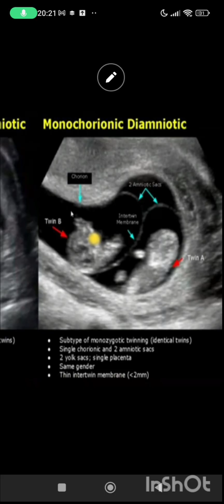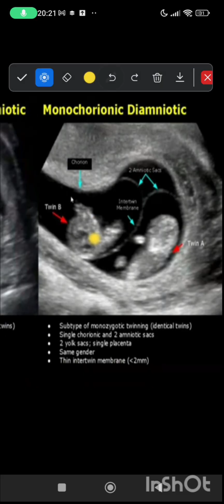Two gestational sacs. But I can see only one. There is the presence of an intertwin membrane. Yes, there is presence of intertwin membrane.